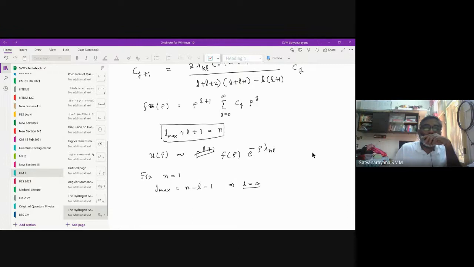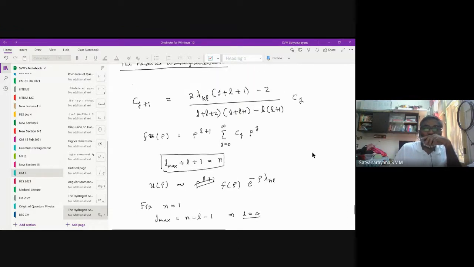So we can go back and substitute it in this expression. Let us try to write that. So C1 is equal to 2 times lambda NL into, so there is only one value, right?